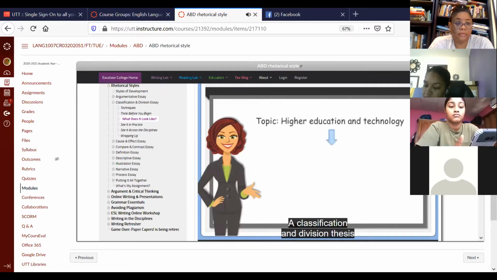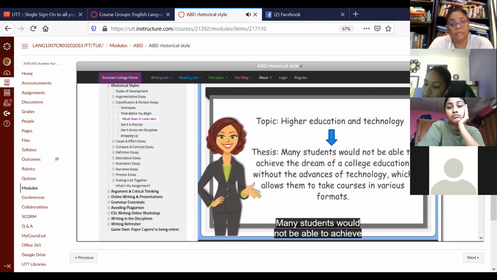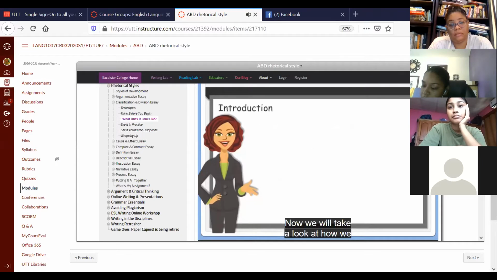A classification and division thesis that might work well within that topic would be: many students would not be able to achieve the dream of a college education without the advances of technology, which allows them to take courses in various formats. Now we will take a look at how we could outline our introduction using our thesis with the goal of writing a classification and division essay.